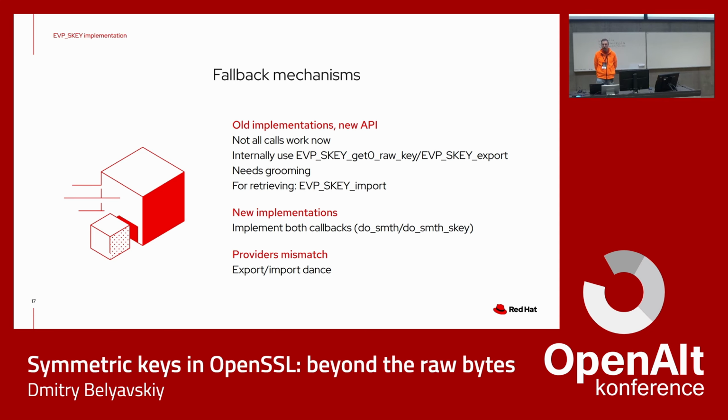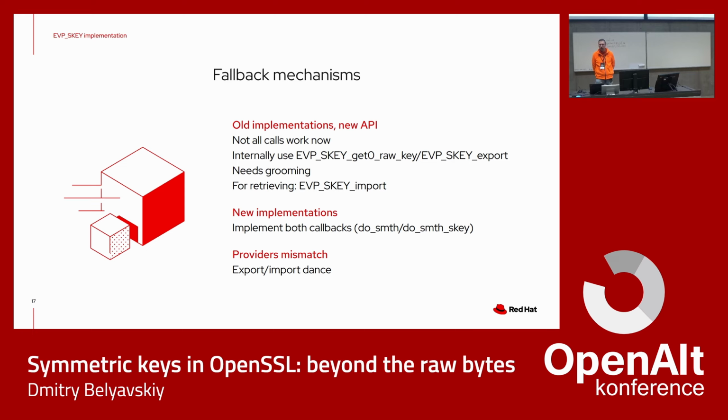Fallback mechanisms are also important. OpenSSL declares that you can build a provider for OpenSSL 3.0, use it with OpenSSL 3.5, and it will work. Well, to some extent. Of course, you can build it in a way that would not work. Normally, you should not.